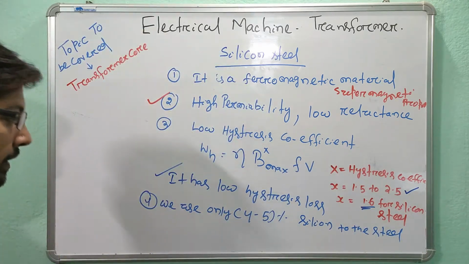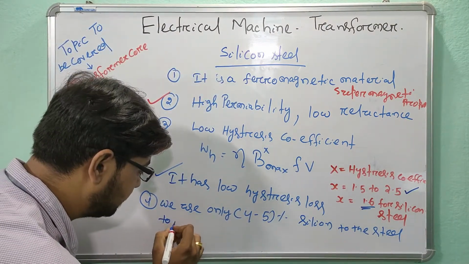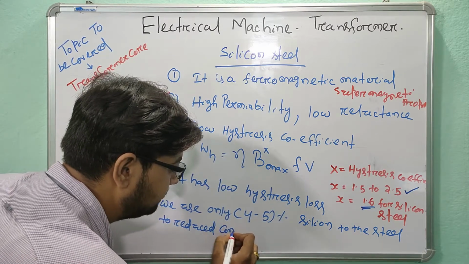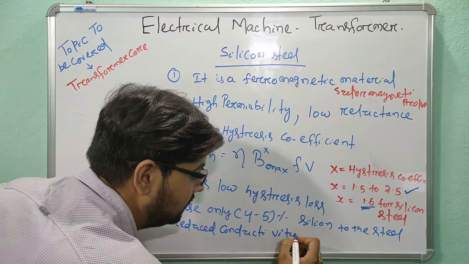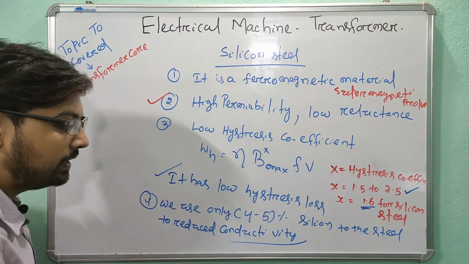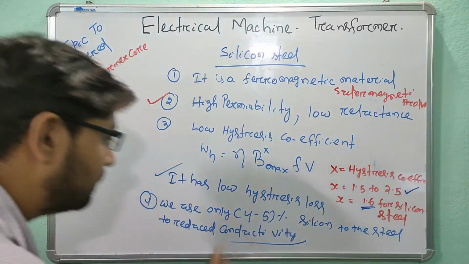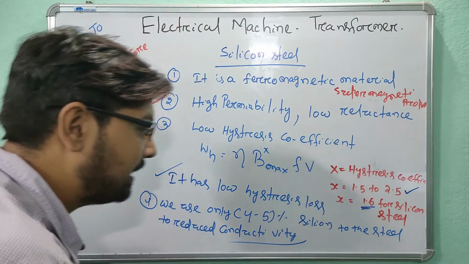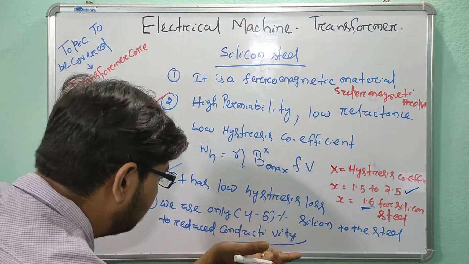So why is only 4 to 5% silicon added to the steel? Because to reduce the conductivity, we use only 4 to 5%. Another way to reduce the conductivity is the lamination process, which we will discuss later. First we will see why the conductivity is reduced.